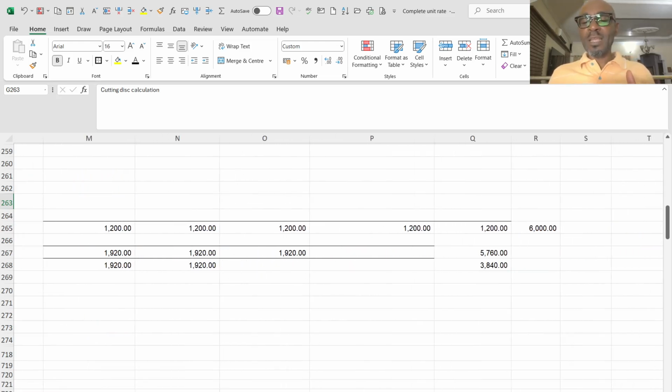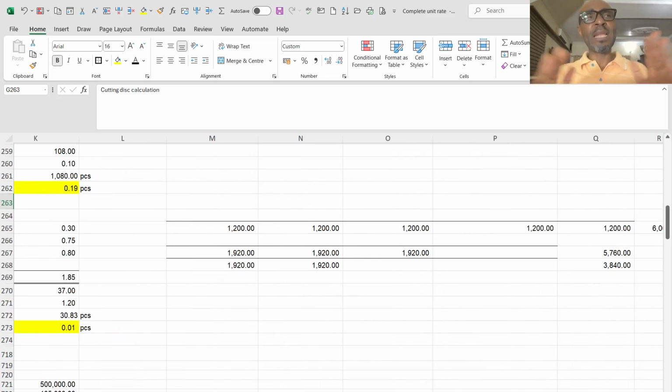I said a length of angle iron is 6 meters, and in each girder I'm expected to cut 6 pieces of 1.2 to make up one girder, while I need to cut 5 pieces of 1.92 to make up the diagonal.